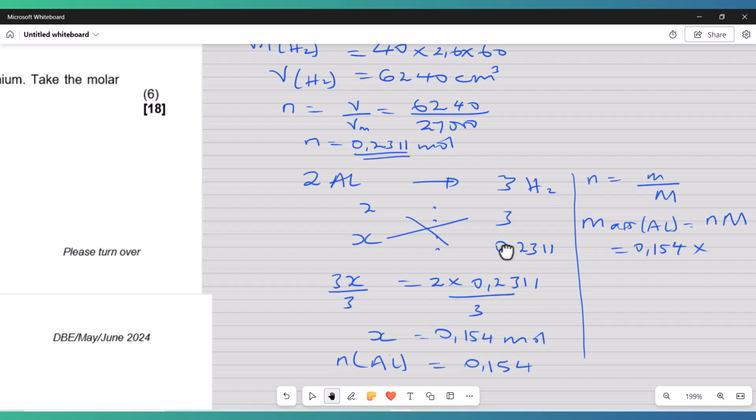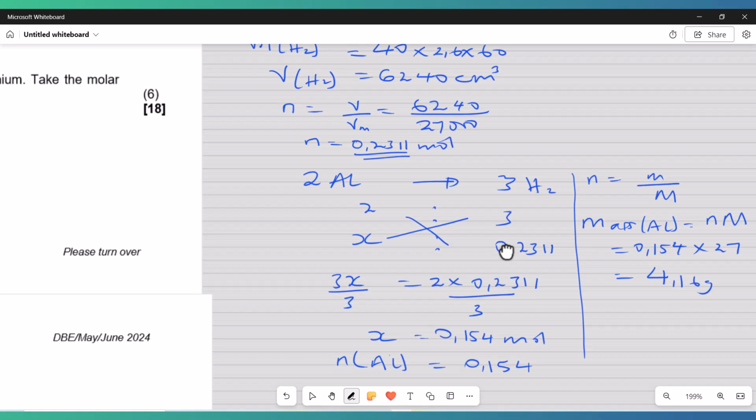What about our molar mass for aluminium? From the periodic table, it is 27. So times 27, on the calculator I get the mass of the pure aluminium, which is 4.16. Maybe at first they used 5 grams for the impure.